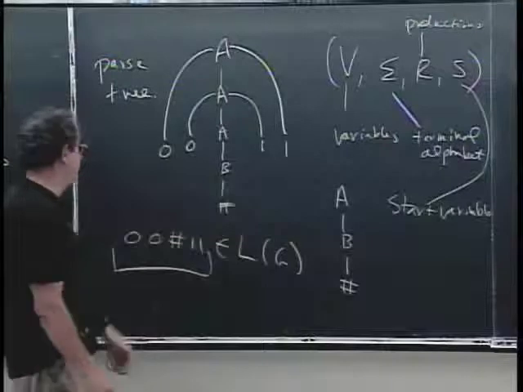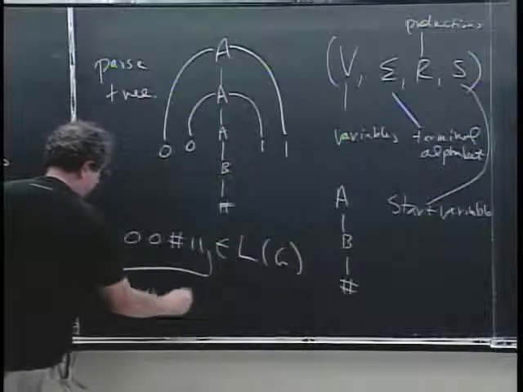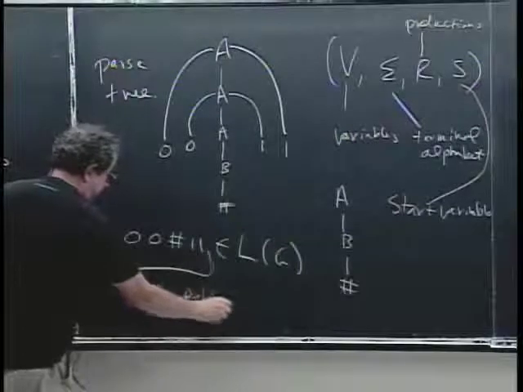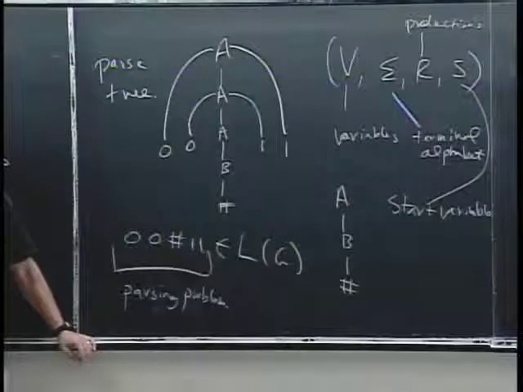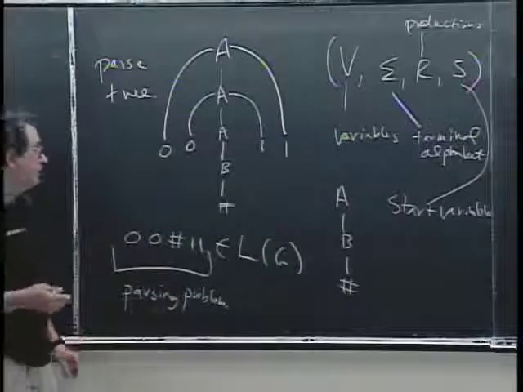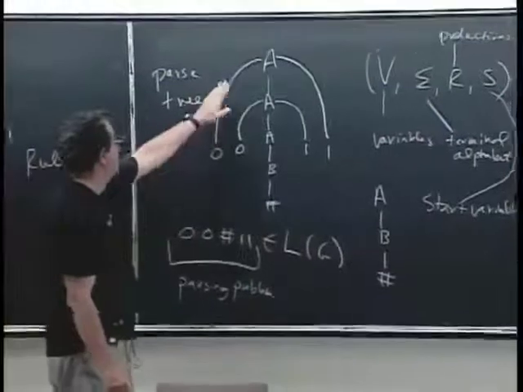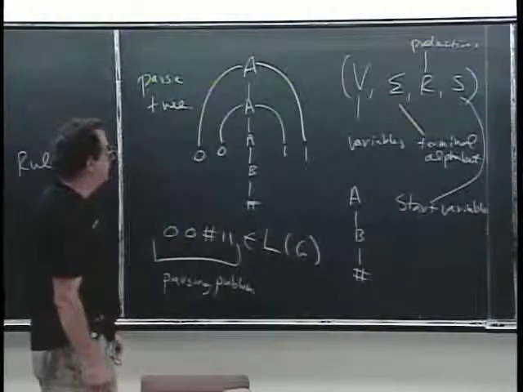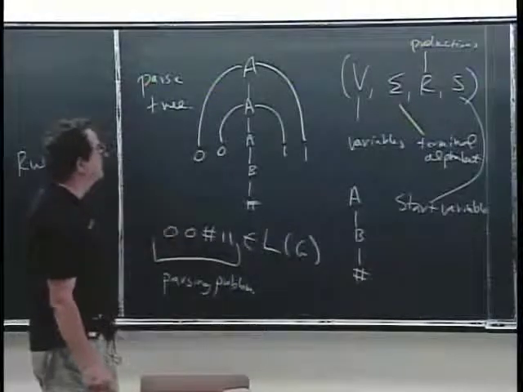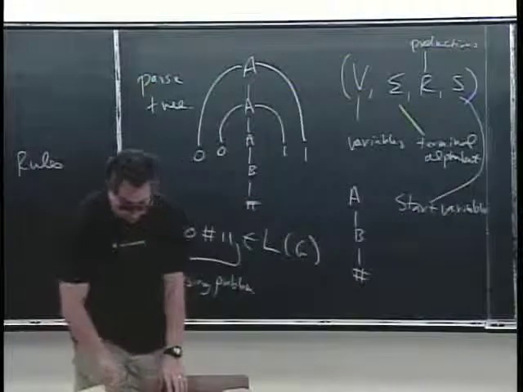And that's called the parsing problem. That problem certainly comes up in natural language processing, but it also comes up in compilers and other things in computer science. So the problem of going from a string to a parse tree, the parsing problem, is a very real problem, not just in context-free grammars, but in other grammars as well. But we're seeing it only here in context-free.